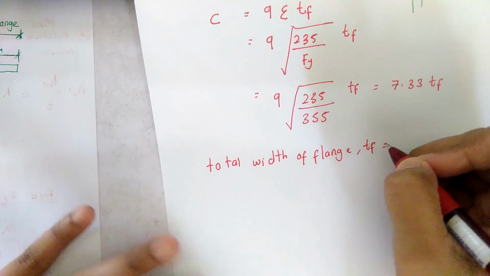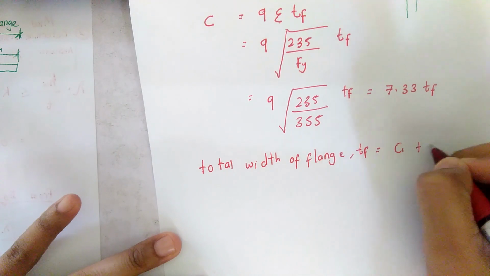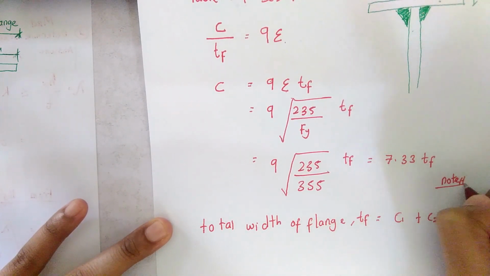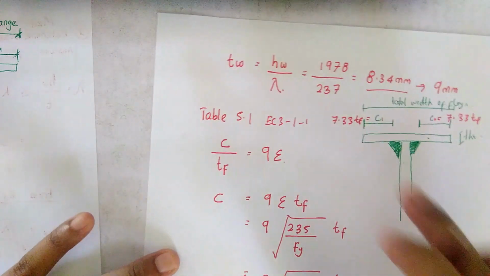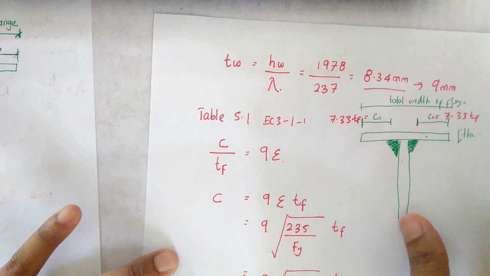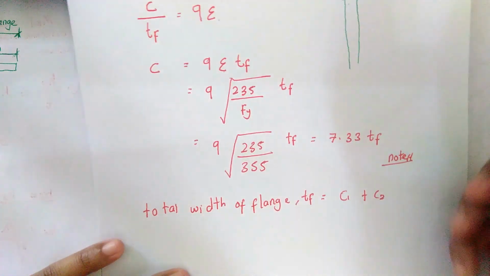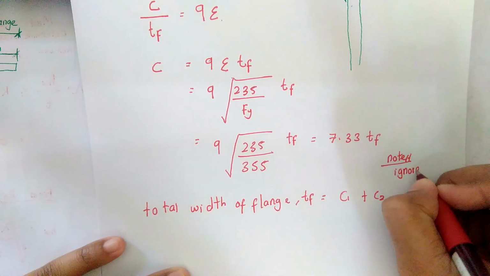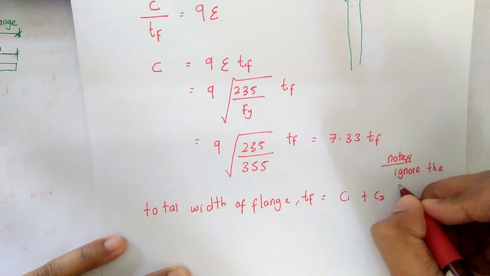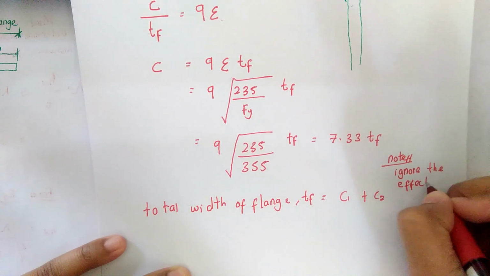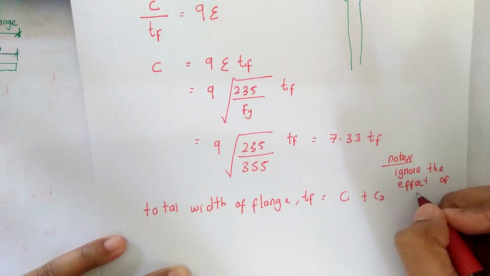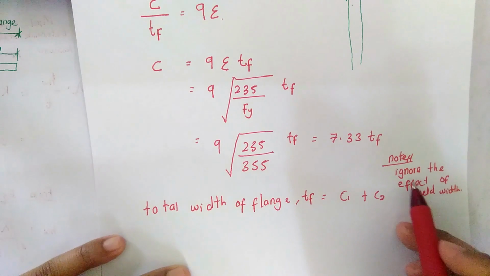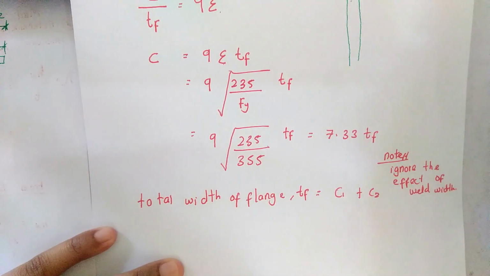I just make a note here: the assumption for us to calculate the total width of the flange is that we ignore the effect of weld width.